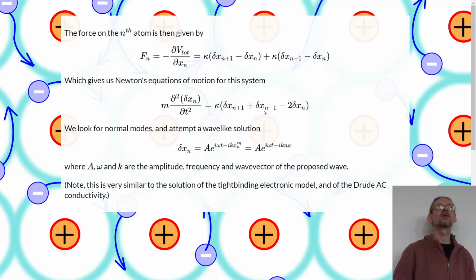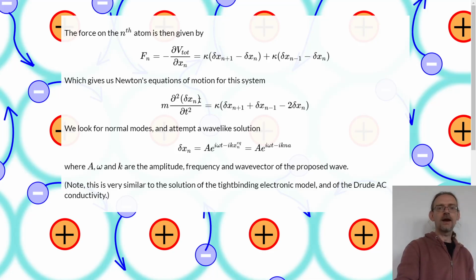I think I've, as normal, got something very simple and I've managed to make it look a little bit complicated. But essentially we've got Newton's equations for each of the atoms. Each atom's got two springs attached to it, one for the atom on the right, one for the atom on the left. The force backwards depends on the distance between this atom and the one to its right, and then this atom and the one on the left.